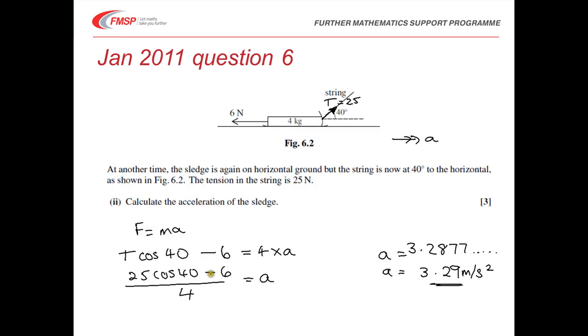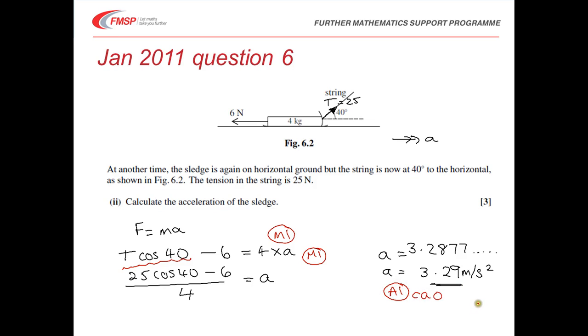Moving on to part 2, we get a method mark for resolving. So that's resolving this force here, and then a method mark for doing F equals ma, and then an accuracy mark for getting the correct 3.29. That's a correct answer only.